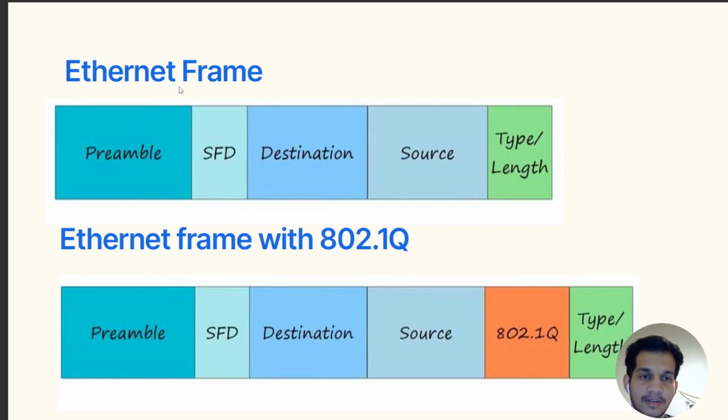The normal Ethernet frame looks like this: preamble, SFD, destination MAC address, source MAC address, type or length. The Ethernet frame with 802.1Q just inserts the 802.1Q tag in between the source MAC address and type or length. So that's all you need to know here.